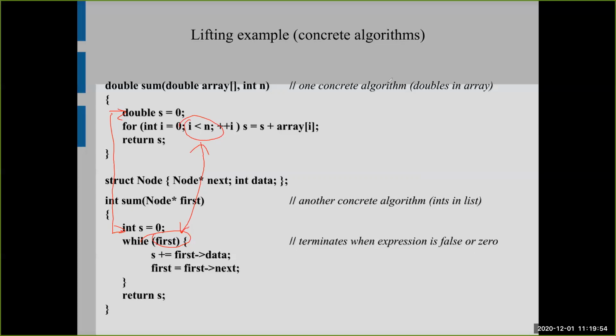This condition is different for a list and for an array, but it exists. And here I have the step to the next element, the code which moves to the next element. And finally, I have the operation I have to perform, here the operation of summing elements. Here, a[i] is the value of the current element. In this case, the data field selector gives the value of the current element.